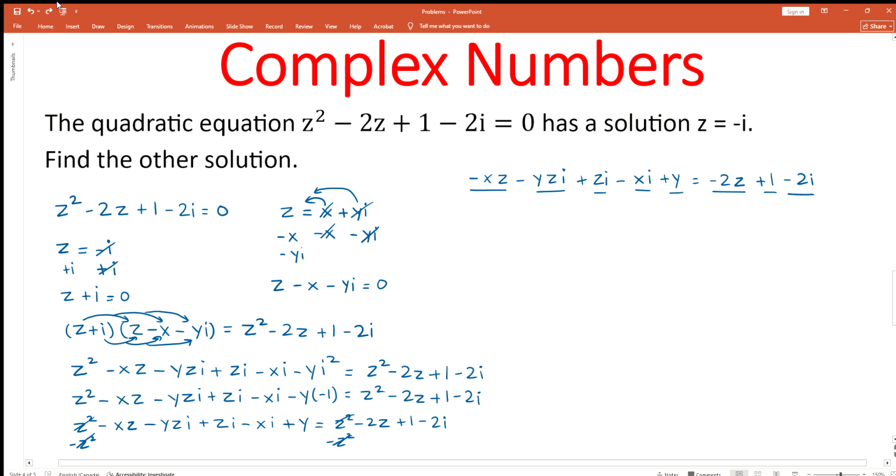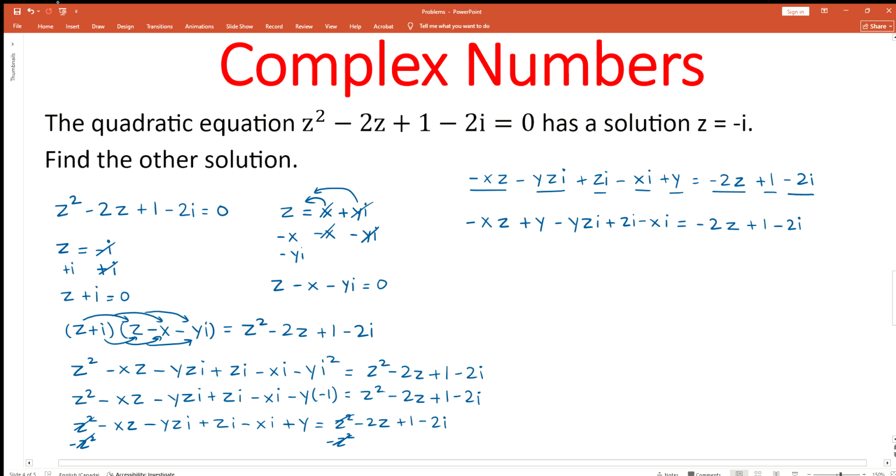We can rearrange the terms. On the left side of the equation, we can rewrite the terms as negative xz plus y minus yzi plus zi minus xi equals negative 2z plus 1 minus 2i.